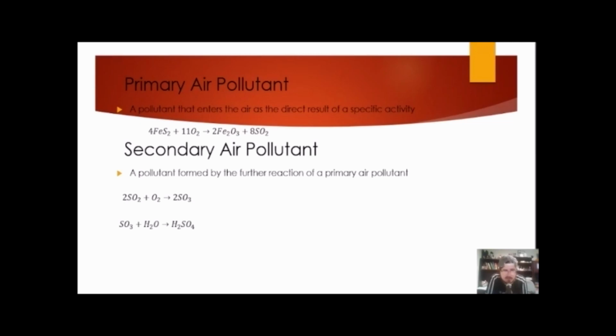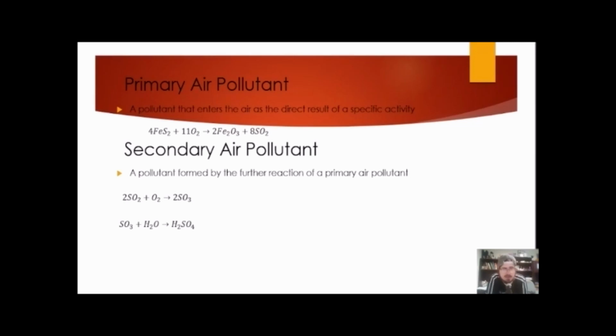The H2SO4 is sulfuric acid, the very concentrated acid we use in the chemistry lab. Sulfur trioxide and sulfuric acid are examples of secondary air pollutants. They are pollutants formed by further reactions of the primary air pollutant. So it's a secondary effect you didn't really predict or expect.